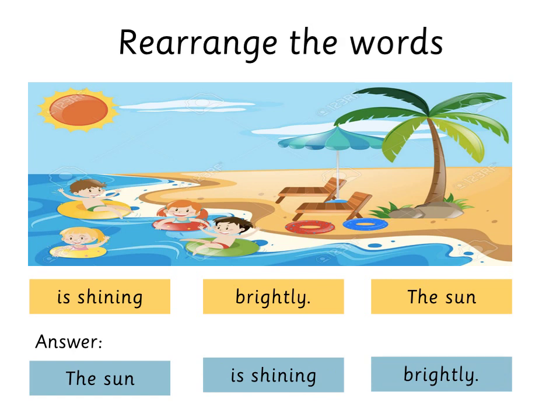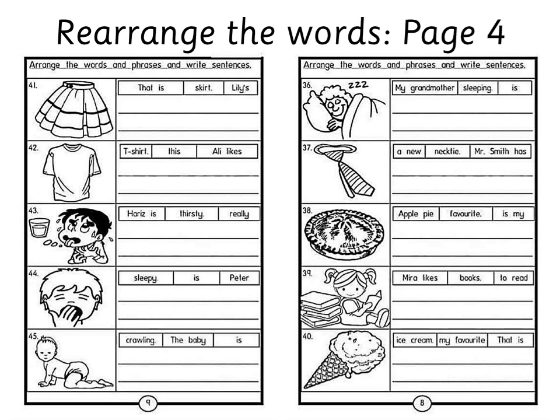So don't forget your full stop. Okay, you are going to rearrange the words on page 4. For example, number 41, the answer is that is Lily's skirt. Now it's your turn to do all of them.